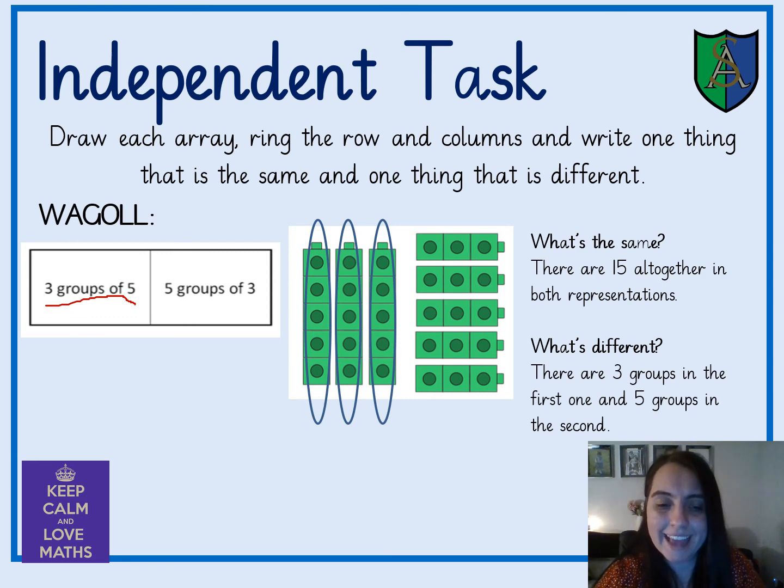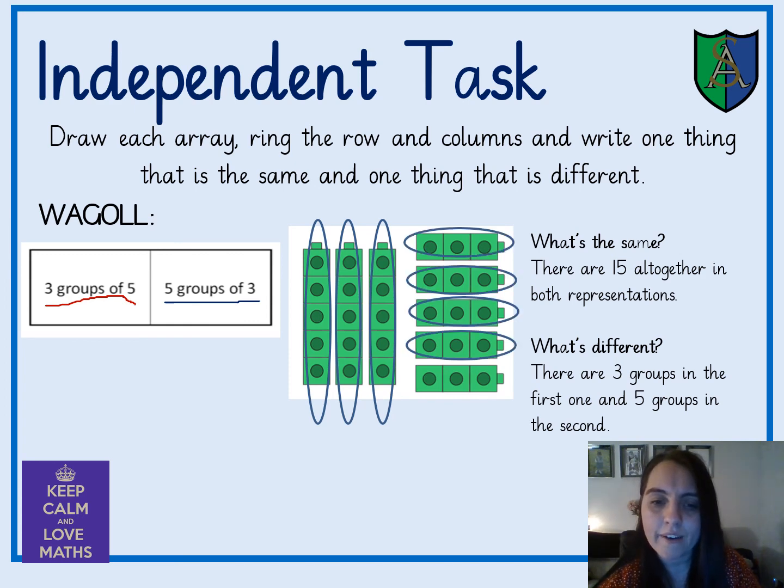Now in the second example, 5 groups of 3, you will notice that I have made that with the second representation that I have drawn. I'm going to put rings around it now so that you can see it. 1, 2, 3, 4, 5 groups with 3 in each.